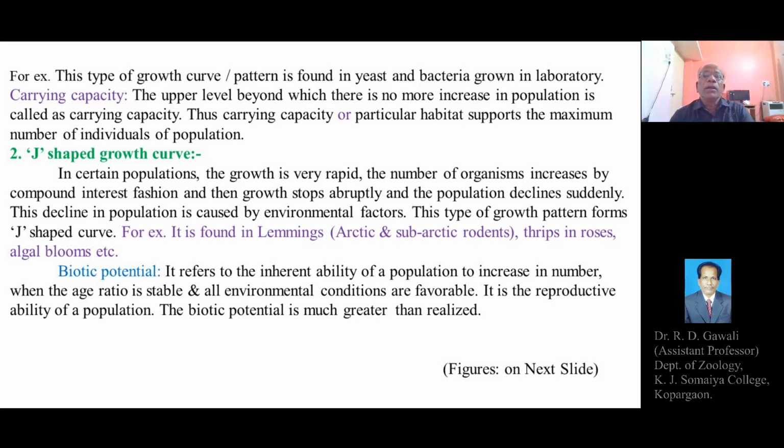This particular upper level beyond which there is no more increase in a population is called carrying capacity. The respective habitat has the potential to provide support to a population of a definite number only, after which the environment or habitat cannot provide the requirements of the population.